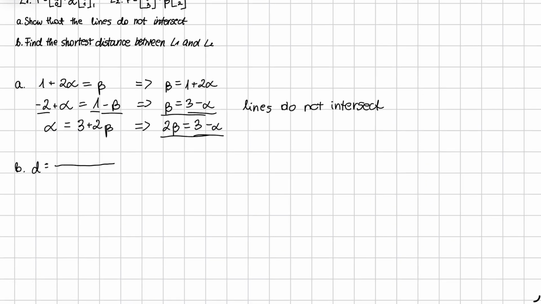So this is the fraction, and in the numerator we have, in brackets, A1 minus A2, dot, in this bracket D1 times D2, and in the denominator the magnitude of D1 times D2. The letter A is our position vector, and letter D is our direction vector. So we can also write them down.